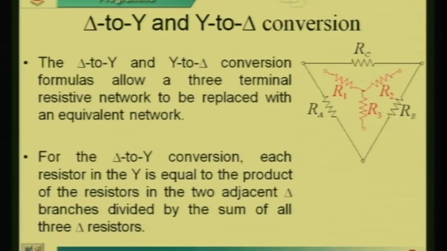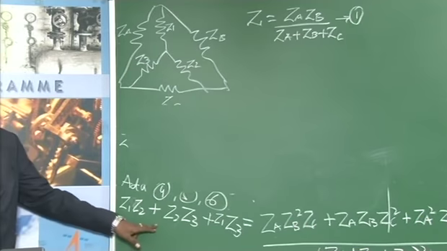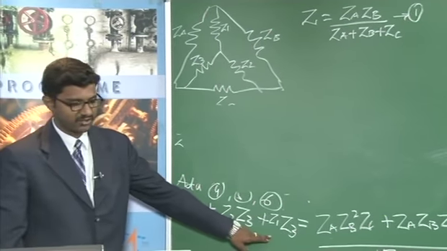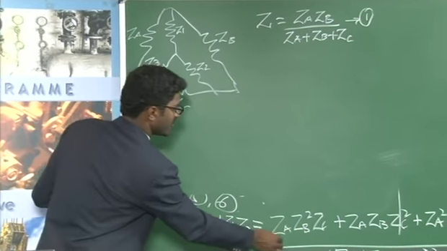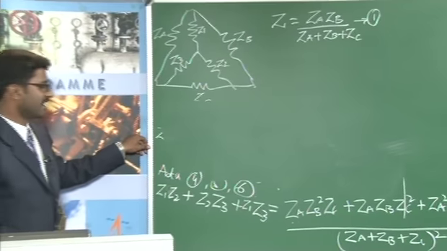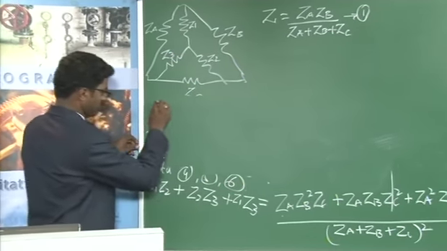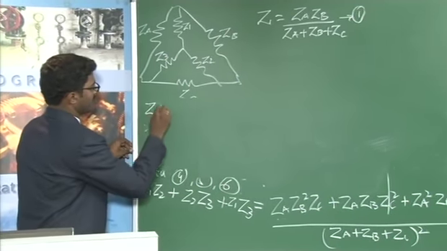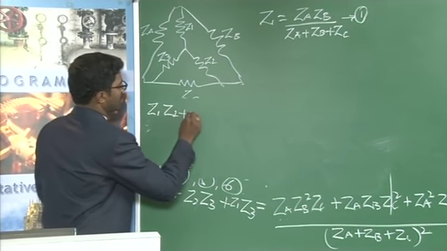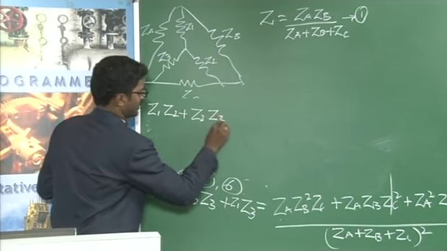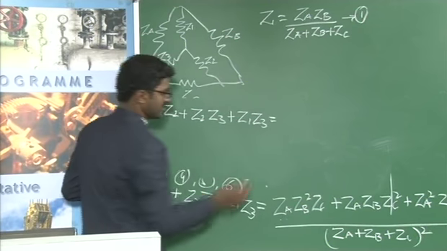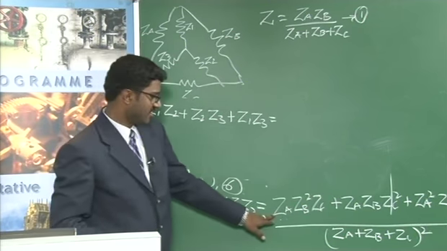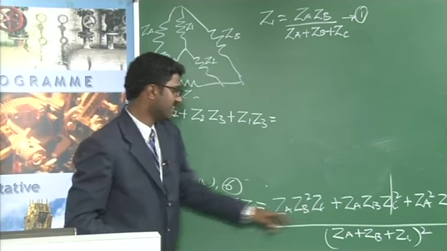So, Z1 Z2 plus Z2 Z3 plus Z1 Z3 is equal to ZA ZB square ZC and so on. In this equation, take ZA, ZB, ZC as common.